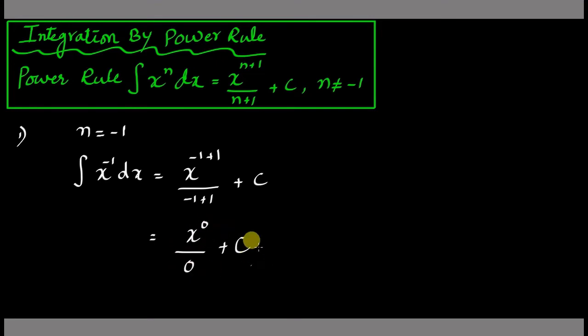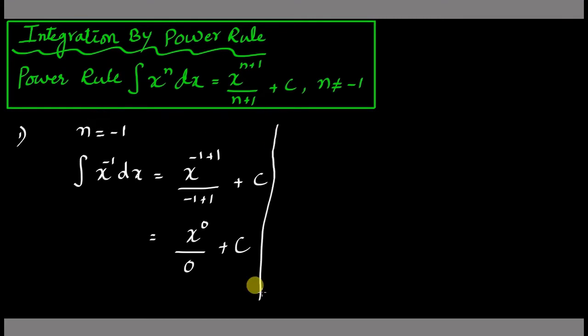So here the overall answer will go to infinity. That's why there is a restriction for n. It cannot be minus 1 ever. So this is the reason we cannot choose n equal to minus 1.